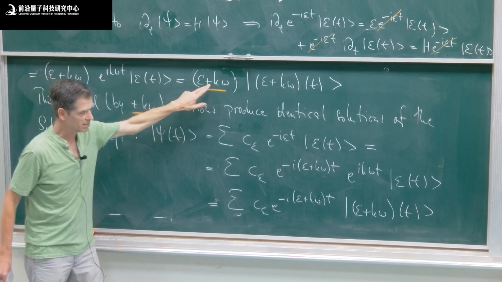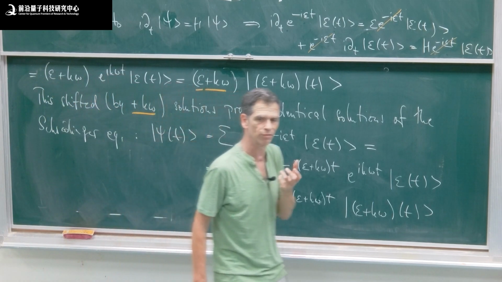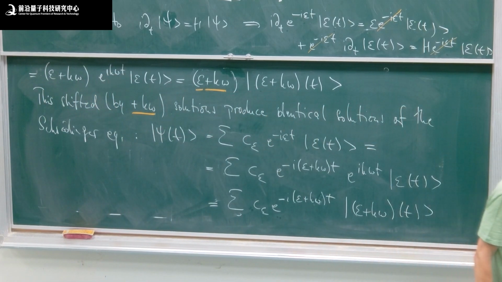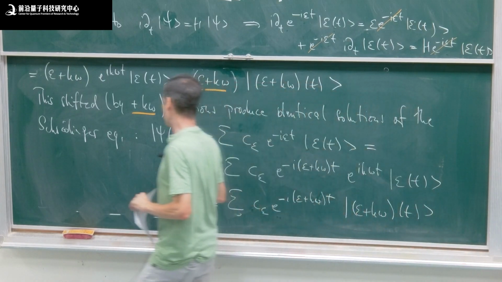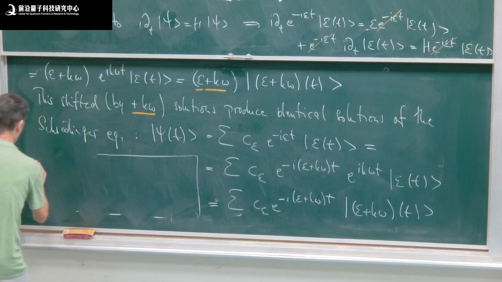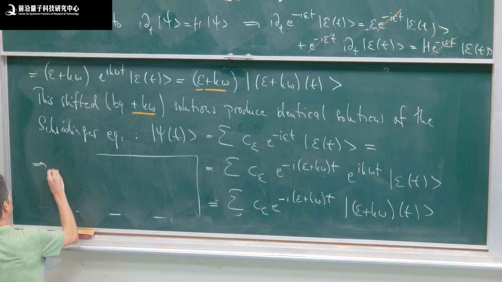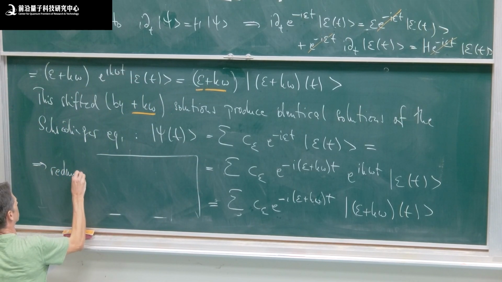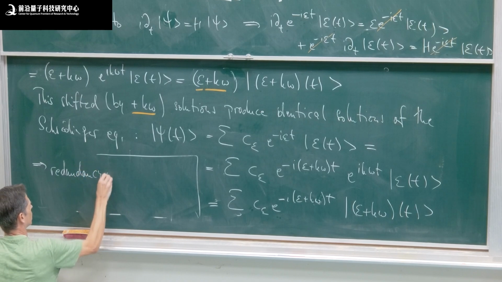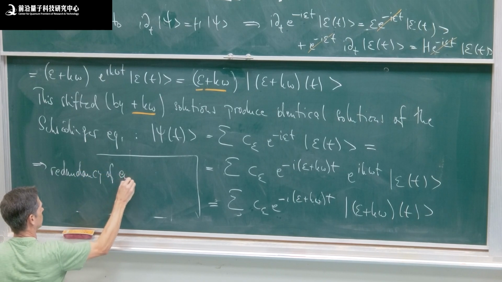So this means there's a certain redundancy in the spectrum of your Floquet Hamiltonian when you take it over the entire energy axis. Okay. So this means redundancy of the entire spectrum.